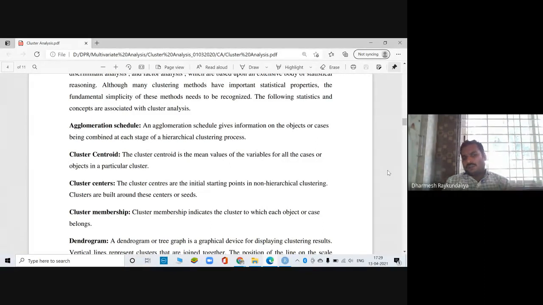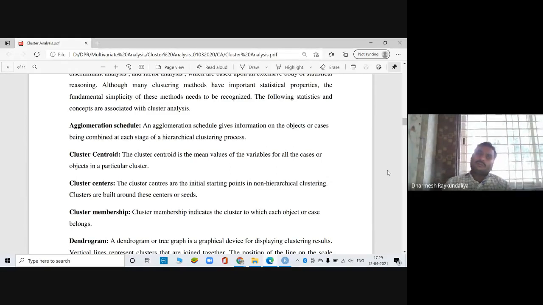So as I said, another approach is non-hierarchical clustering. In non-hierarchical clustering, we can use partitioning methods, which we call k-means clustering methods. The difference between hierarchical and non-hierarchical is that hierarchical has the demerit that once an object is fused with one cluster, there is no chance that the object can leave that cluster.